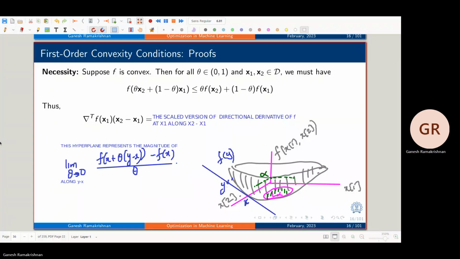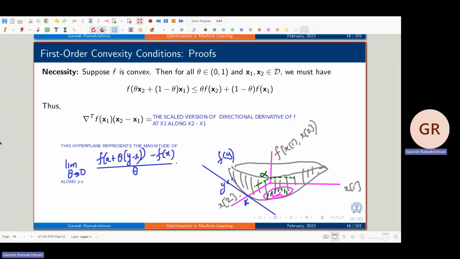Minus f of x1, the whole thing divided by theta. Just that x2 minus x1 is not a unit vector, but that's okay. So it will be a scaled version of the directional derivative. But this is the definition.